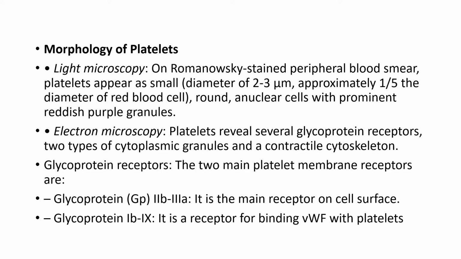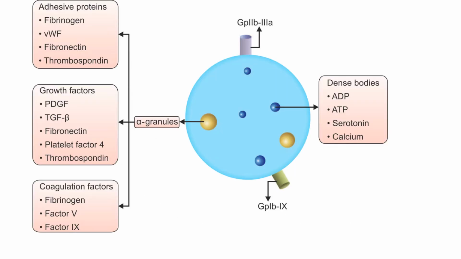There are two types: glycoprotein 2B-3A, and glycoprotein 1B-IX. The second one is a receptor for what we call VWF, or von Willebrand factor, in the platelets.